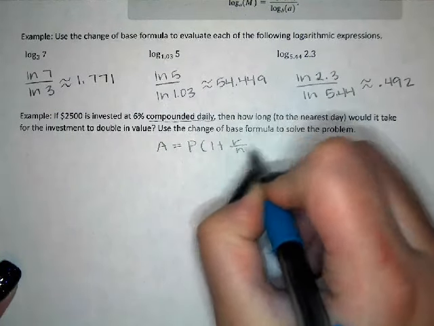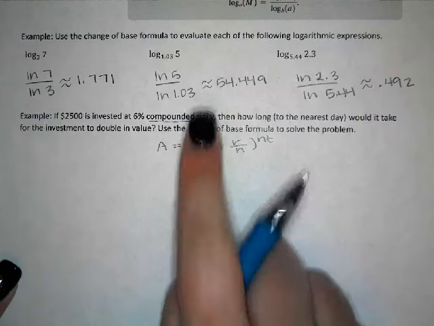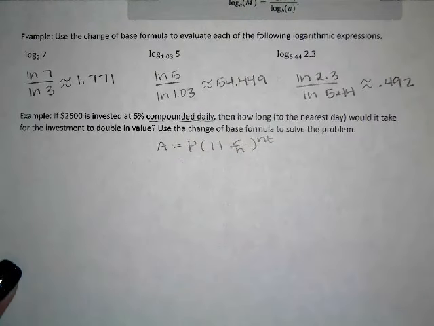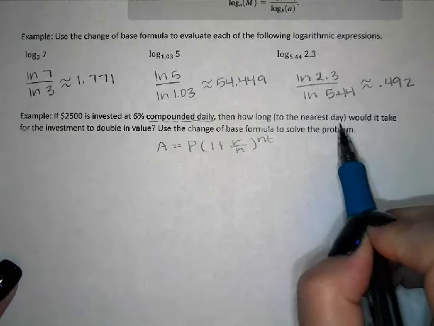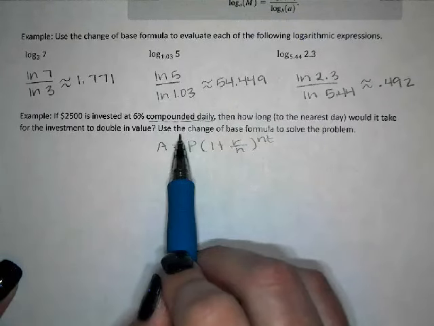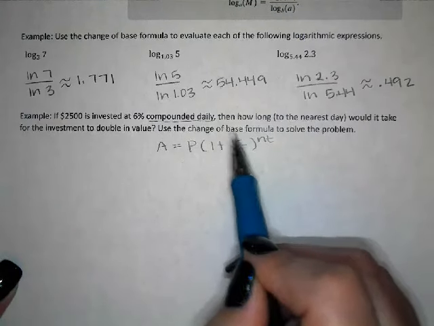The other formula would use the wording compounded continuously. That was the PERT formula. So this one, when it says daily, we know we're using this one. Then how long to the nearest day would it take for the investment to double in value? And it says use the change of base formula to solve the problem. So that just means we're going to use the change of base formula when we plug it into our calculator.